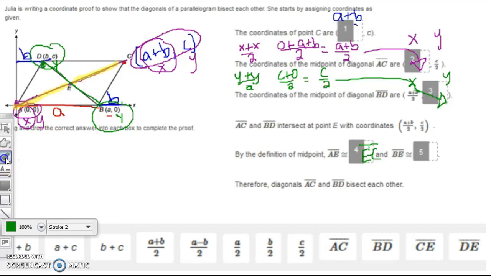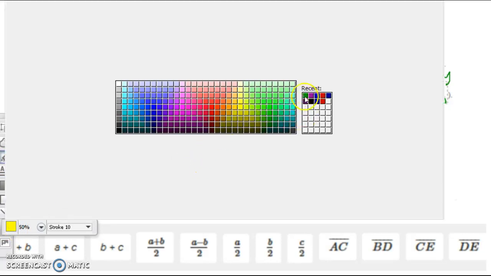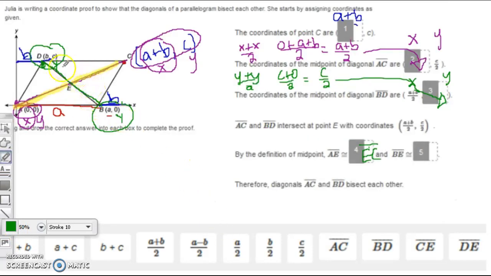And then if we look at the other line, let me just pick a new color, BE, so this part, since we know E is the midpoint, it's going to be congruent to that part, which is DE. If I could get back to my pen, there we go. And therefore, the diagonals bisect each other. All right, good luck on your quiz.